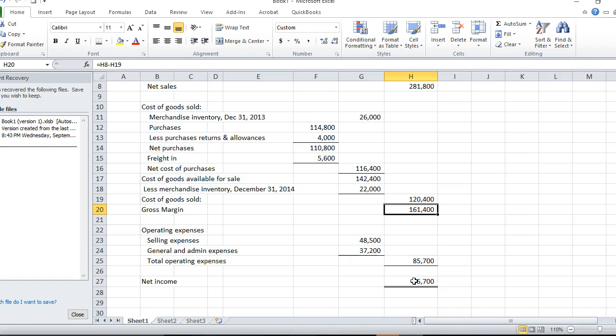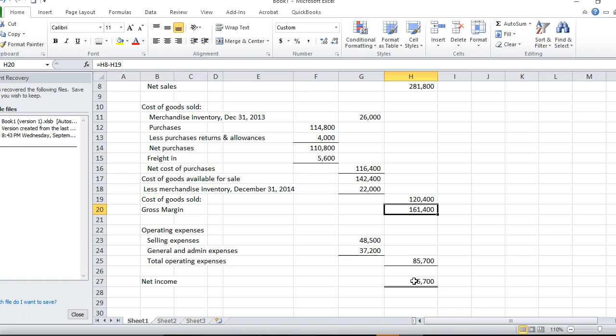Gross margin is sales minus cost of goods sold. So the way we calculated our sales was our gross sales minus our sales returns and allowances gave us our net sales. Now to calculate our cost of goods sold under this method, we had to start with the beginning inventory, add to it purchases, subtract from it purchase returns, add our freight in, subtract our ending inventory to come up with our cost of goods.